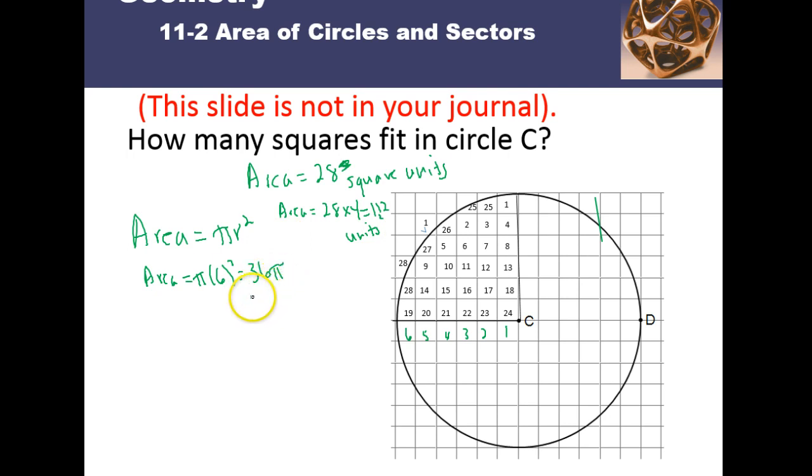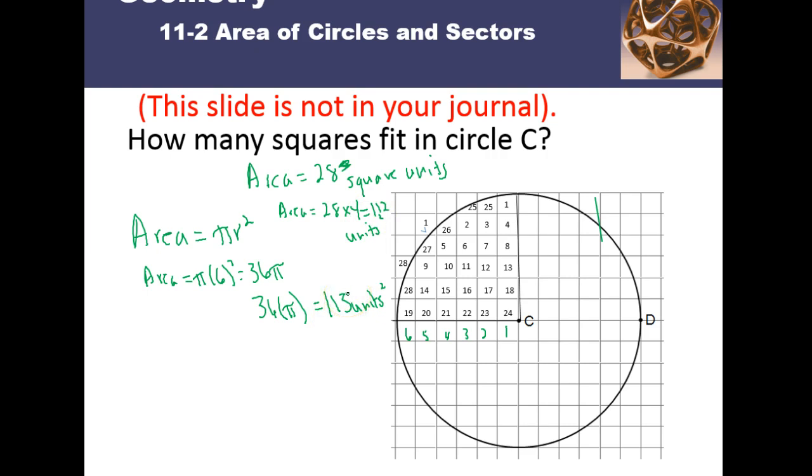Okay. So let's see what 36 times pi is. Remember, I'm going to use the pi button on my calculator. So 36 times the pi button is roughly 113 units squared. So this calculation was pretty close.